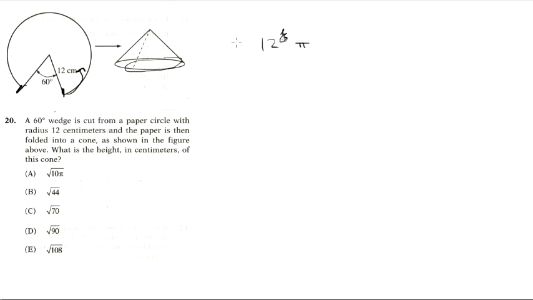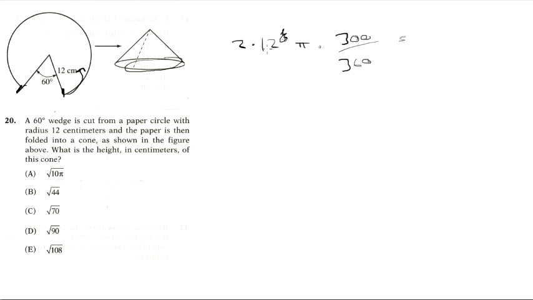We have 2 pi r, okay, times 300 over 360, right? 360 is all the way around. We only get 300 of it. 360 minus 60 degrees, they tell us. Okay, so 2 pi r times this is going to be the circumference of this circle here.